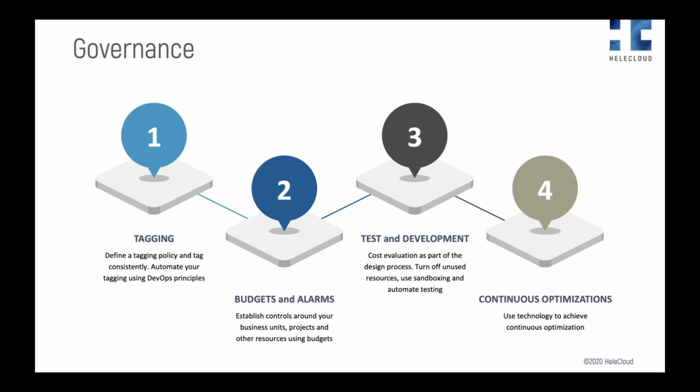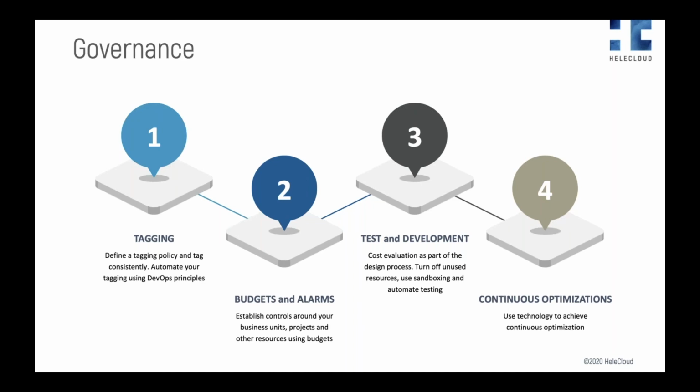You can also set up multiple budgets to track not only your costs, but also usage. But the thing you've got to remember with this is that budget information is not updated continuously, and the information is typically 8 to 12 hours old.